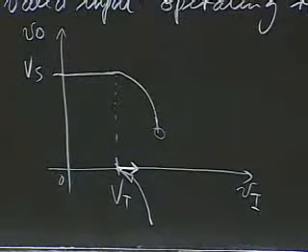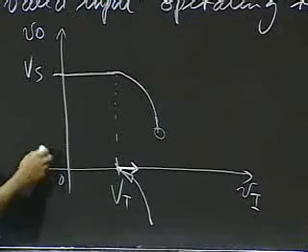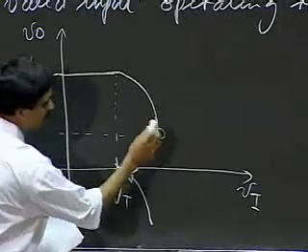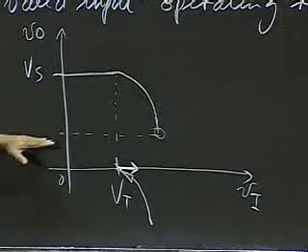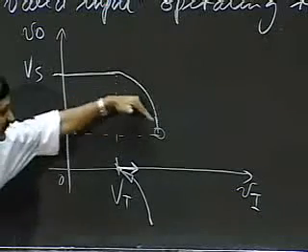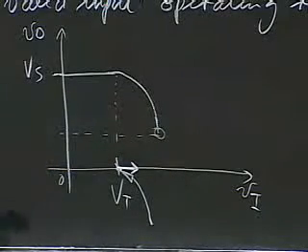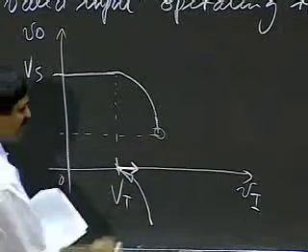Somewhere at that point, my output voltage V0, as this keeps falling down, goes lower than one threshold below VI. At that point it goes into its triode region, and I need to find out what that point is.